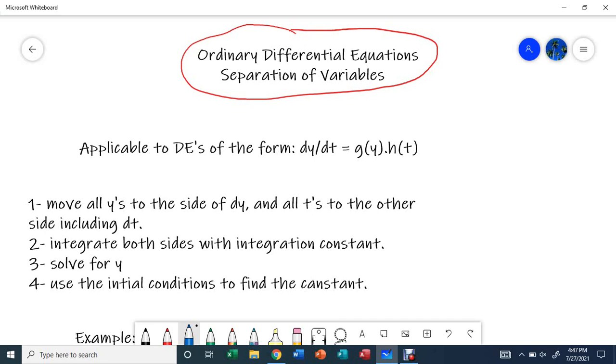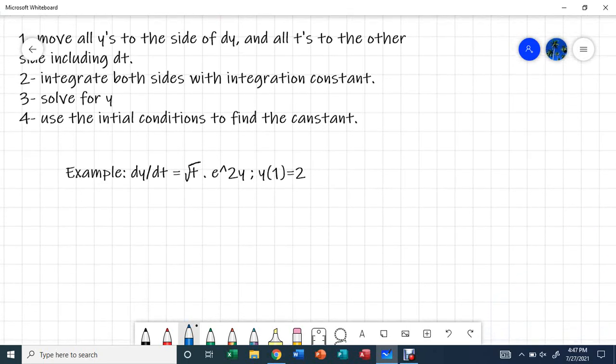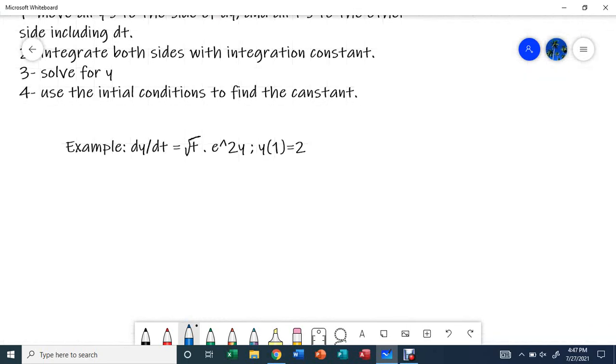So we have dy over dt equals square root of t times e to 2y with the initial condition y of 1 equals 2. So let's move every y's to one side and every t's to the other side, including dt.